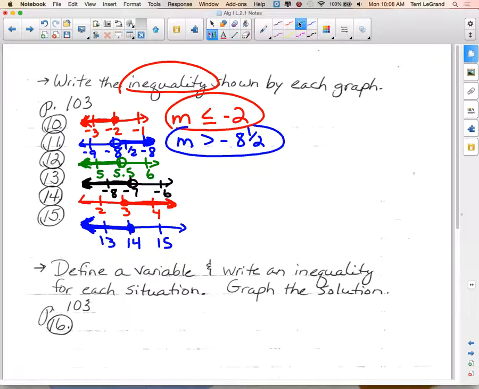You and I should both be able to tell on those graphs whether the endpoint is a shaded in circle or an open circle. No guessing. Should be able to tell which side of that endpoint is shaded. No guessing.